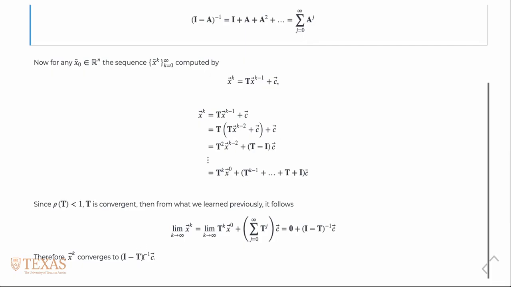Therefore, it is convergent. The point of going over this is that there's a multitude of ways you can design algorithms to rearrange your matrix into this form. The idea would be to ensure that the spectral radius of T is less than 1, and then you can ensure that the scheme will be convergent.